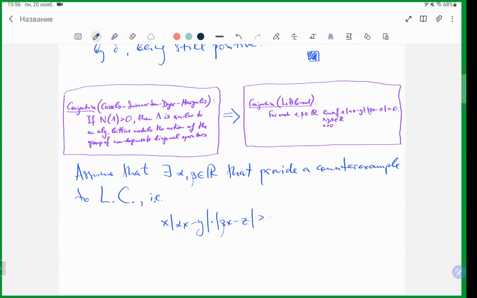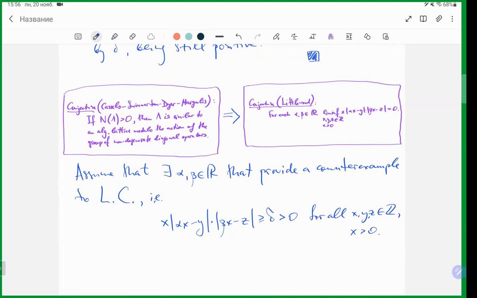Is bounded away from 0 by some delta for all x, y, z integers and x positive.